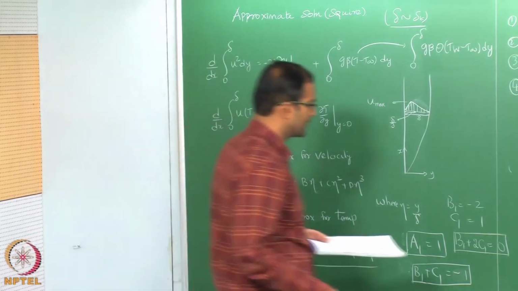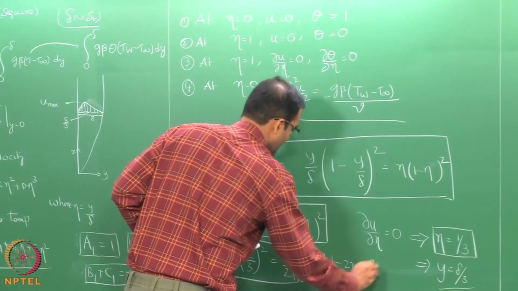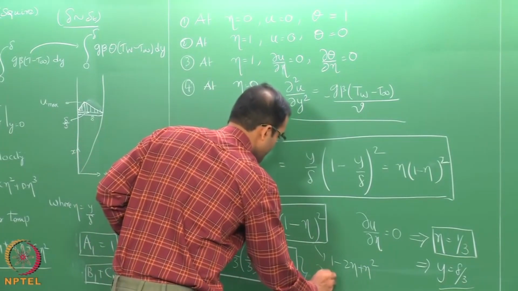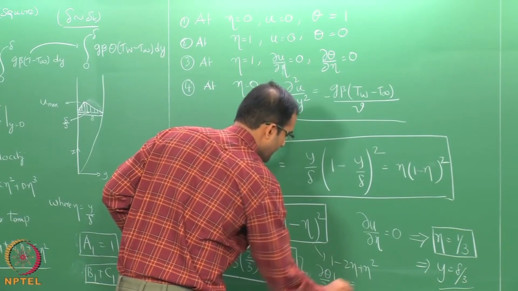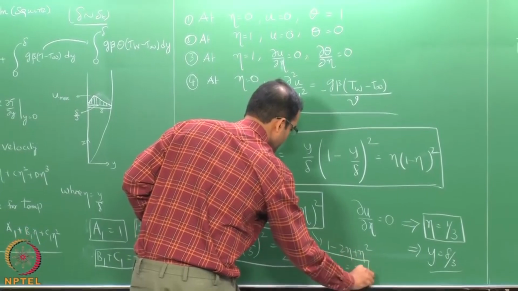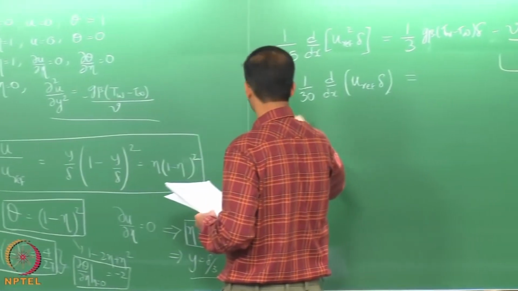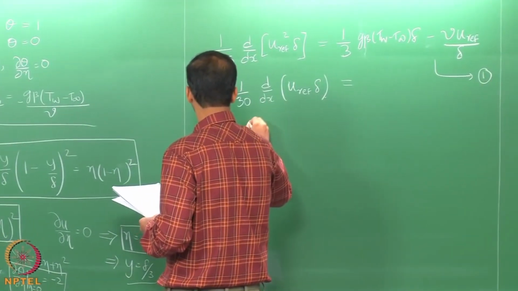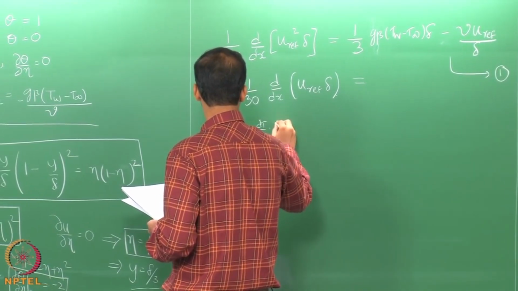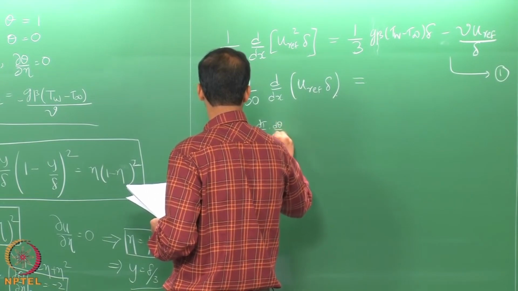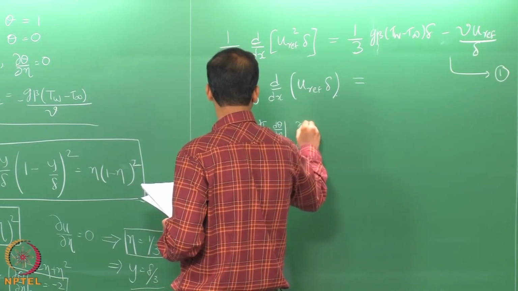So this is 1 minus 2 eta plus eta square. What is d theta by d eta at eta equal to 0? Minus 2. Therefore, how do you transform this? You can write dt by dy as dt by d theta into d theta by d eta at y equal to 0, which is eta equal to 0, into d eta by dy.